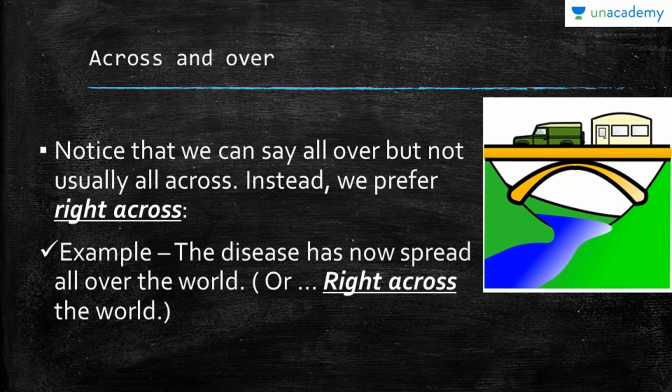But we do not say all across the table if something is lying across a table. That will be wrong. We say instead right across the table. That is more apt in the case of across.